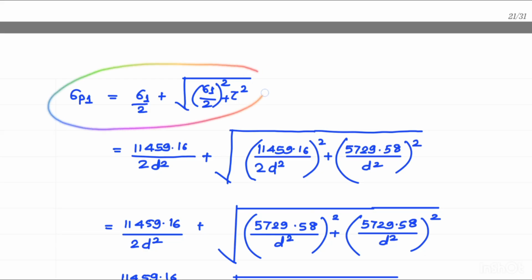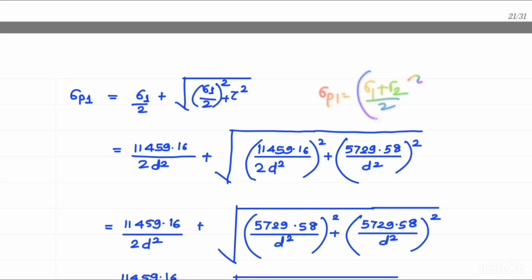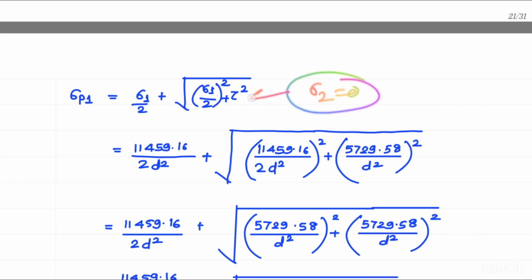This is a general equation from the standard formula, that is sigma p1 is equal to sigma 1 plus sigma 2 divided by 2 plus root of sigma 1 minus sigma 2 divided by 2 whole square plus tau square. Since sigma 2 is equal to 0, we are simplifying this equation and getting this particular part.